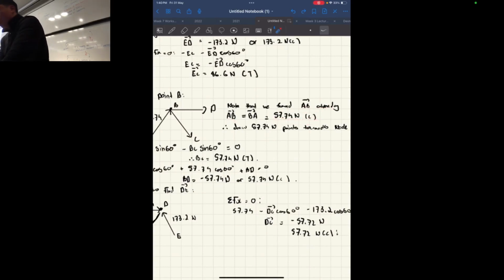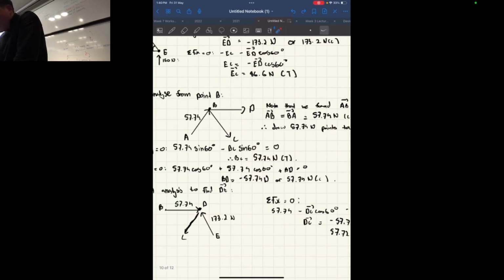Like I said, for compression members, it points towards the joint, and with tension it points away from the joint. So we can draw the diagram with 57.74 newtons pointing towards node B.